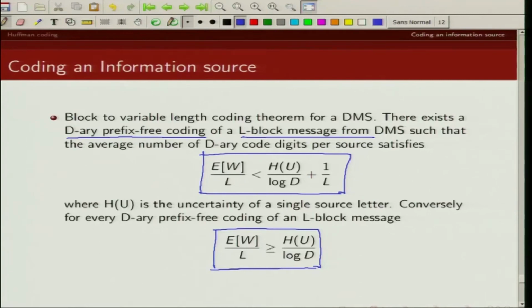Now we already have computed bounds on optimal code word length for coding of a single random variable. We are going to extend that result for the case when we want to encode a source of length L.